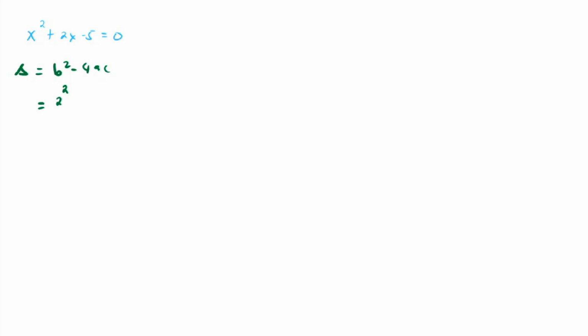So we have 2 squared minus 4 times 1, the coefficient of x squared, times negative 5. 2 squared is 4, then negative 4 times negative 5: 4 times 1 is 4, and 4 times negative 5 gives positive 20. So we have 24. Since delta is greater than 0, our expected answer is two unequal roots.